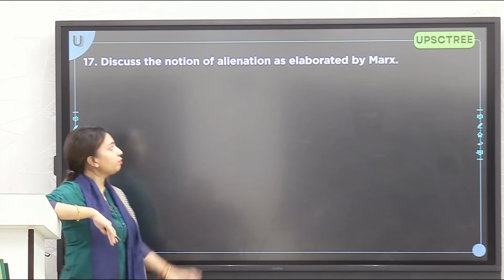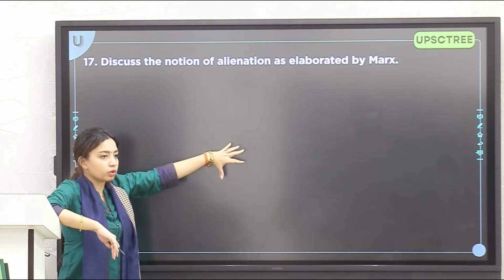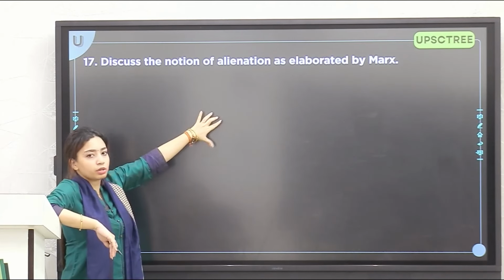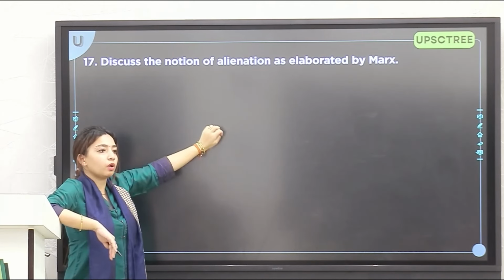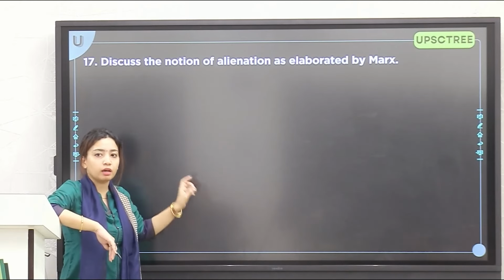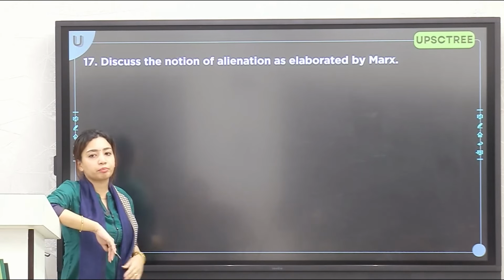Alright. So here firstly you will define what is alienation, and you will talk about the contribution of Karl Marx and how he came up with alienation, what is the significance of alienation, and the 4 types of alienation that we have studied. Along with that, you will be discussing the examples of each type.